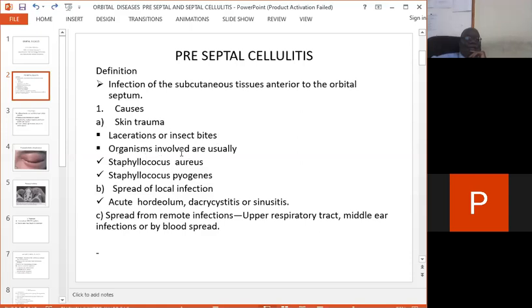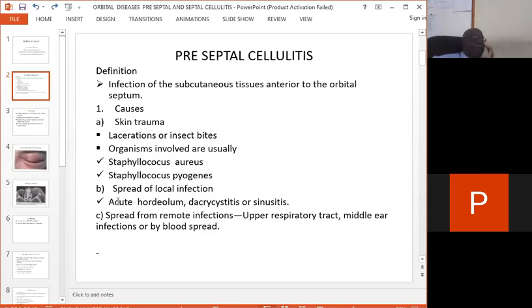Organisms involved are usually Staphylococcus aureus, Streptococcus pyogenes, and also you can have spread of local infection. You got some infection on the skin, it can spread to preseptal cellulitis.